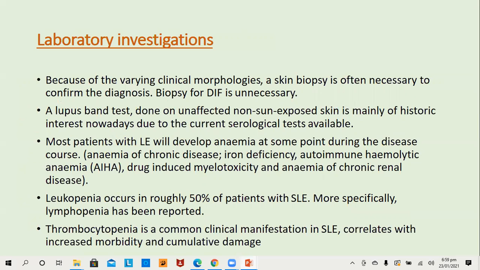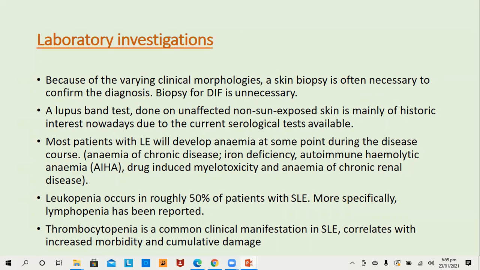Laboratory investigations. Because of the varying clinical morphologies, a skin biopsy is often necessary to confirm the diagnosis. A biopsy for DIF is mostly unnecessary. The lupus band test done on unaffected, non-sun-exposed skin is mainly of historic interest nowadays because of the modified serological tests that are available.